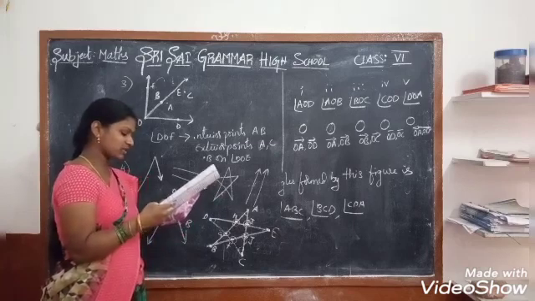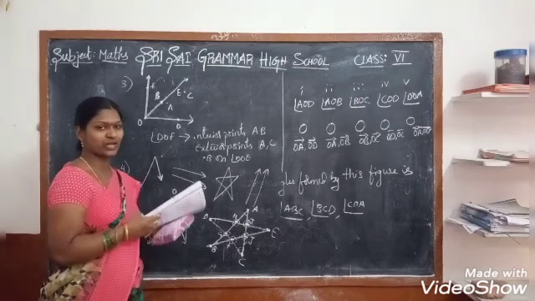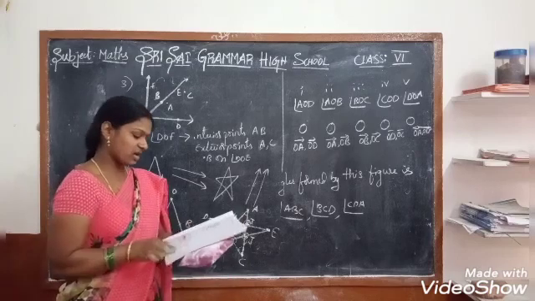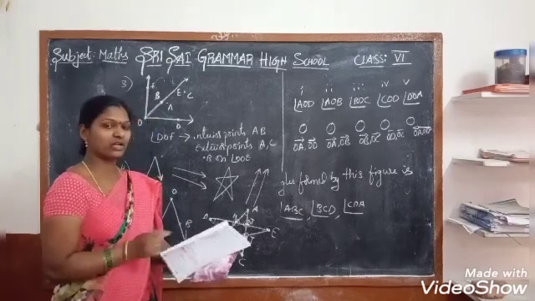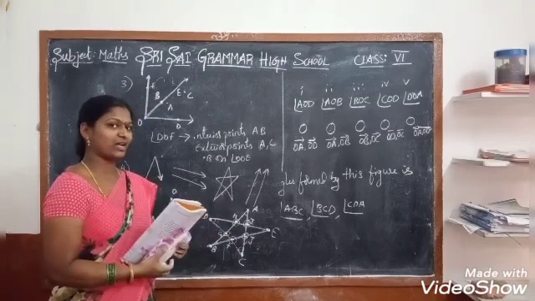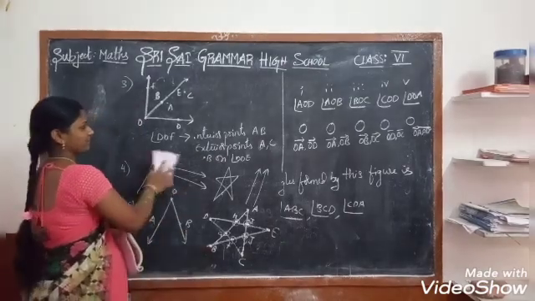Now, exercise 4.4. Mark any 4 points. That is what we are going to learn today in 4.4, the quadrilateral, after completing exercise 4.3 where we learned triangles.